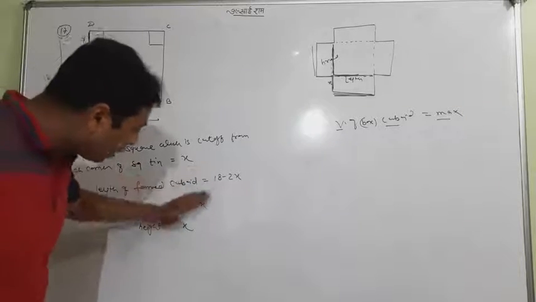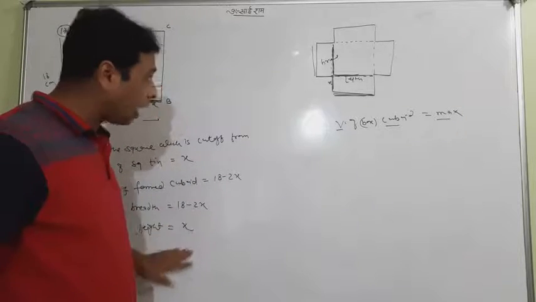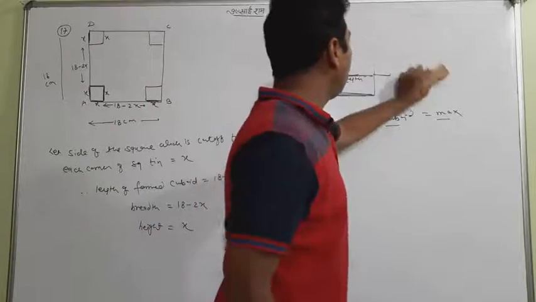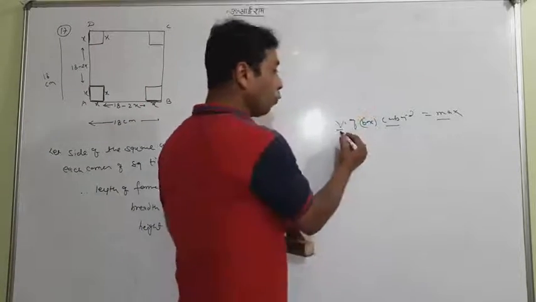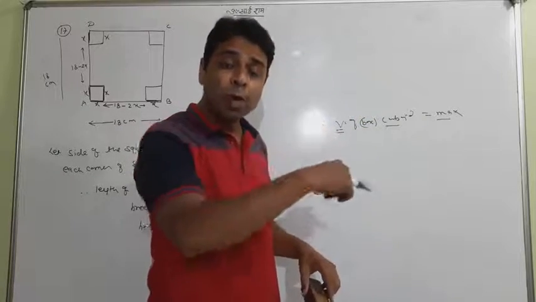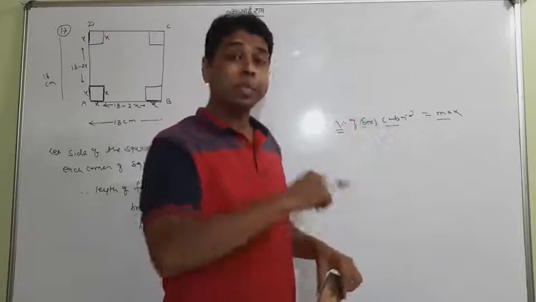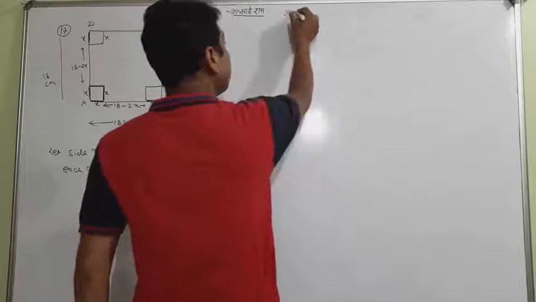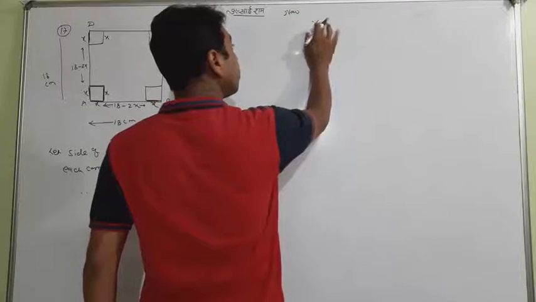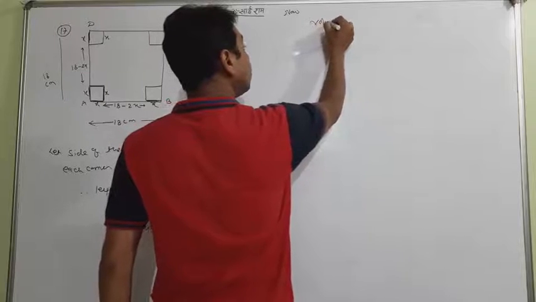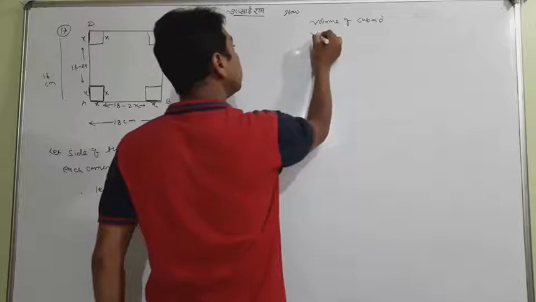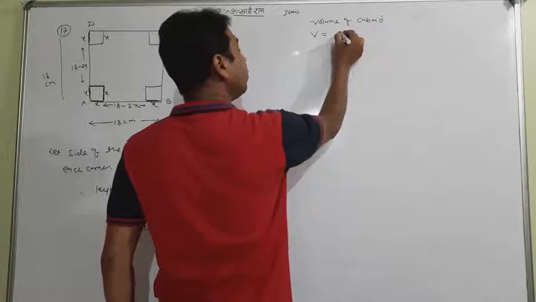So after measuring the length, breadth and height of the formed box, now we can go with the main function, which is volume, which we have to show is a maximum. So volume is our main function. So we go with volume. Now the volume of the cuboid, V, will be length times breadth times height.